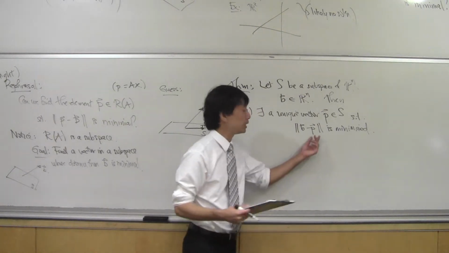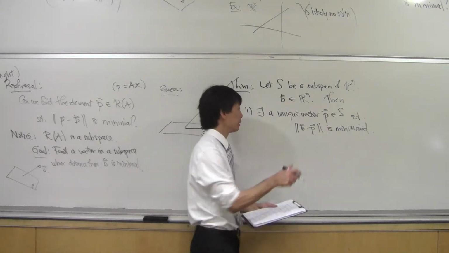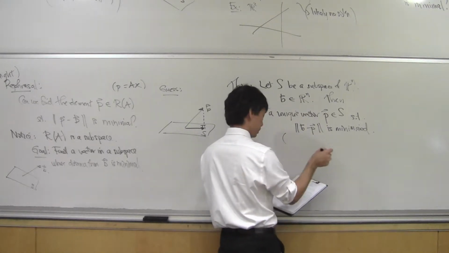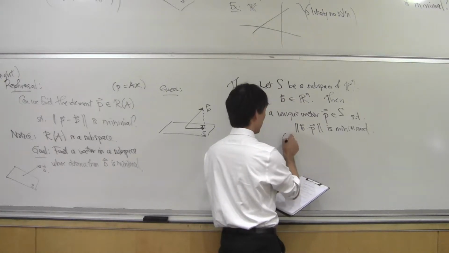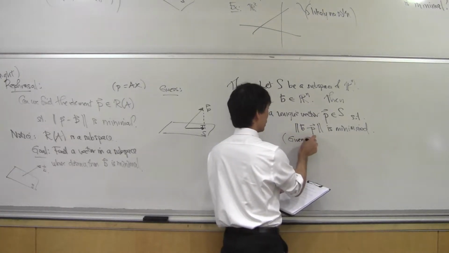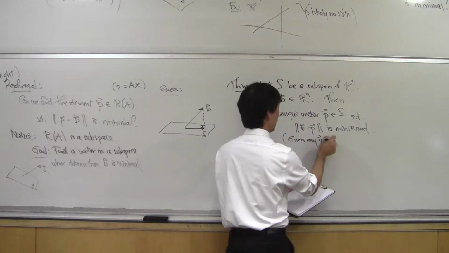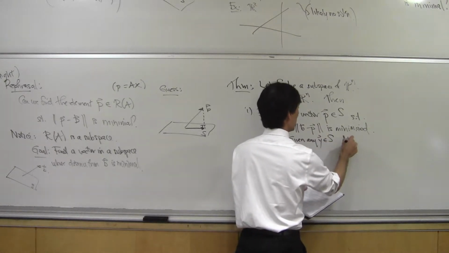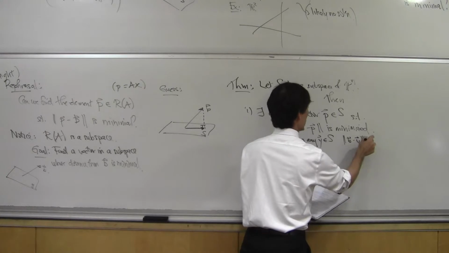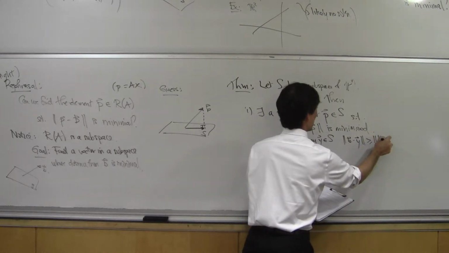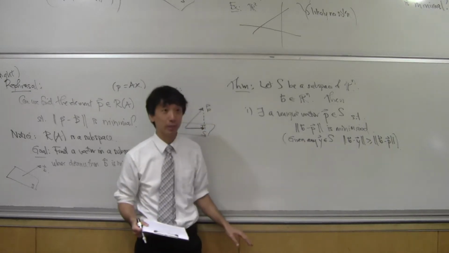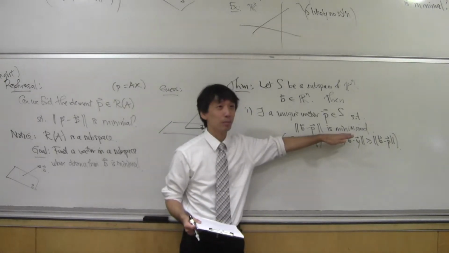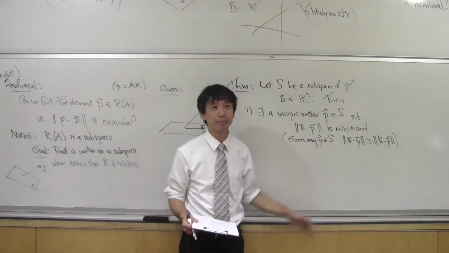In other words, given any vector y in S, the distance to y is greater than or equal to the distance to p. The distance is minimized.